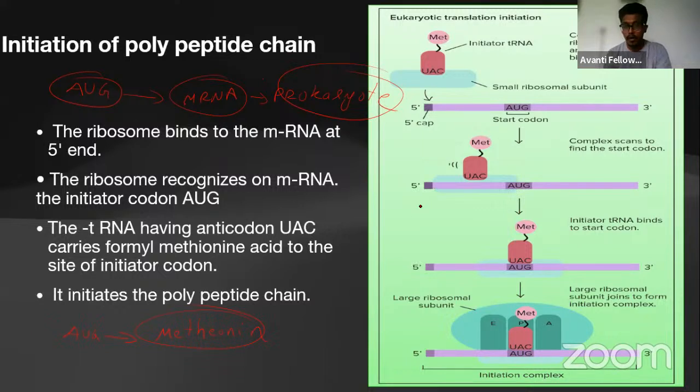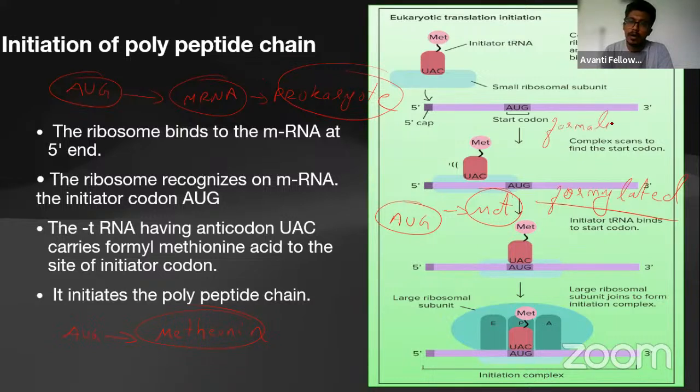What is an initiator codon? If AUG is present in the beginning, it codes for methionine, but this methionine is not a normal methionine. In prokaryotes, this methionine is formylated. What is the meaning of formylated? A formyl group attaches to this methionine, so we call it formylated methionine.